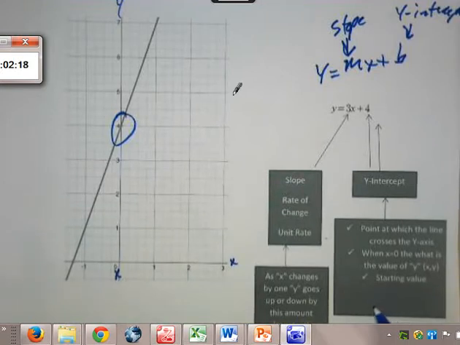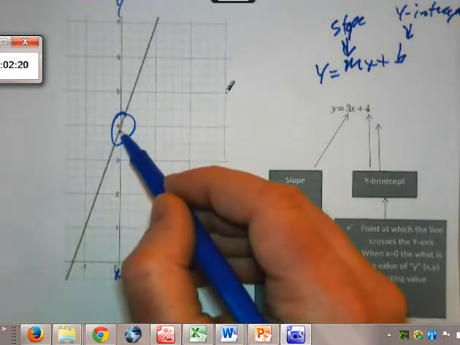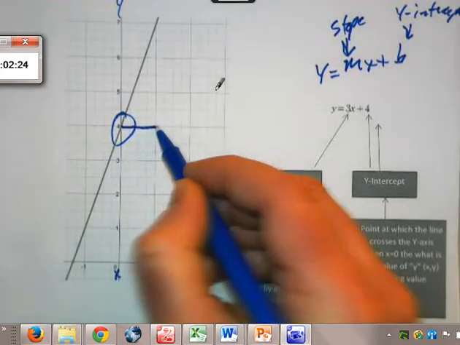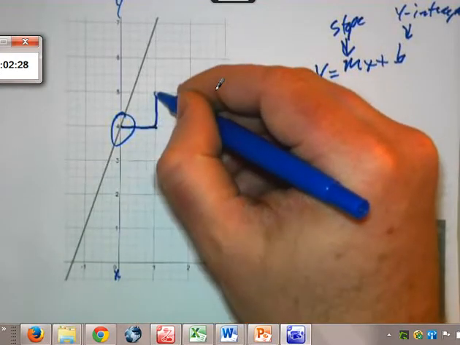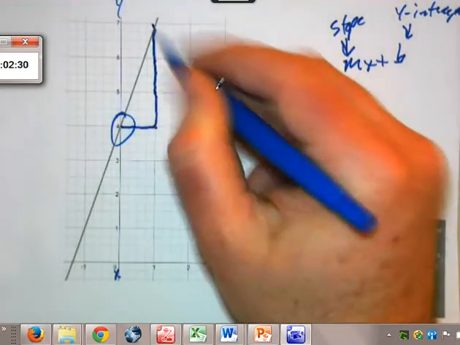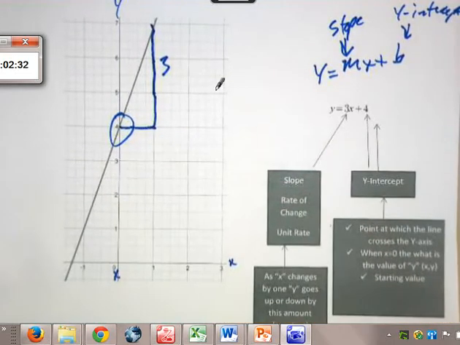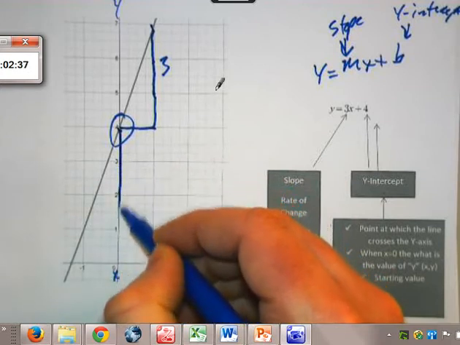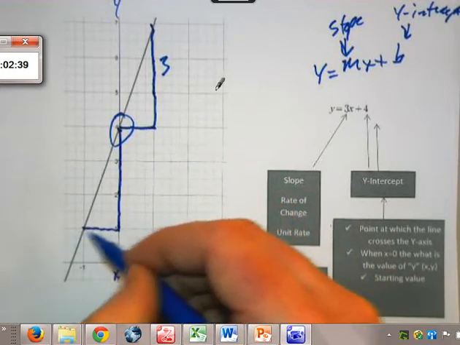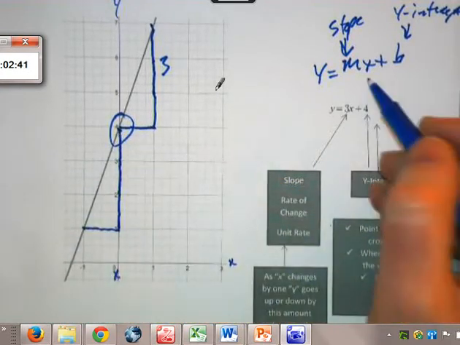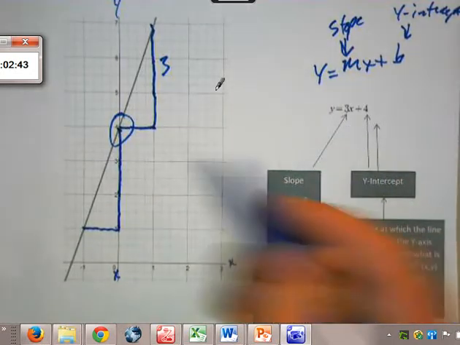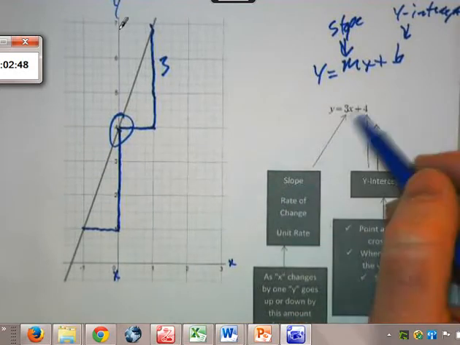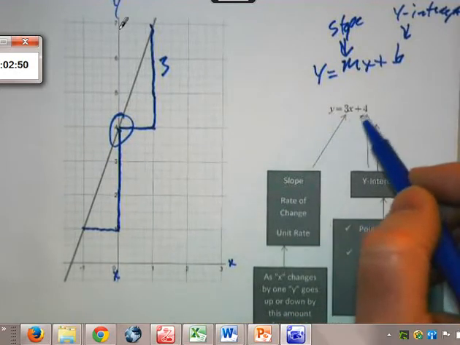If we know these two things, our y-intercept and our unit rate, if we go over 1 and we count how much we went up, 1, 2, 3, we know that our unit rate is going to be 3. Let's see if that holds true when we go the other way. 1, 2, 3, and over 1. So over 1 and up 3. So our unit rate is 3. And our y-intercept is 4. And once we have that established, we can write our equation, y equals 3x plus 4.